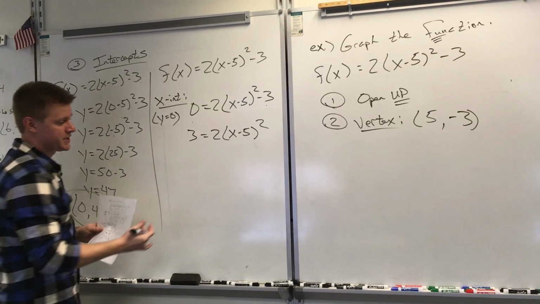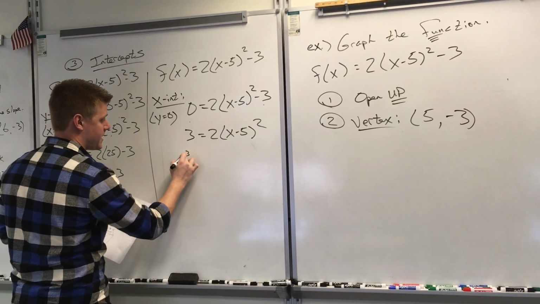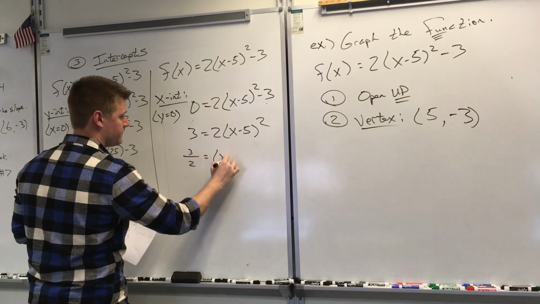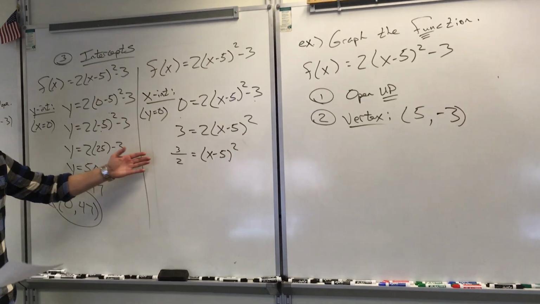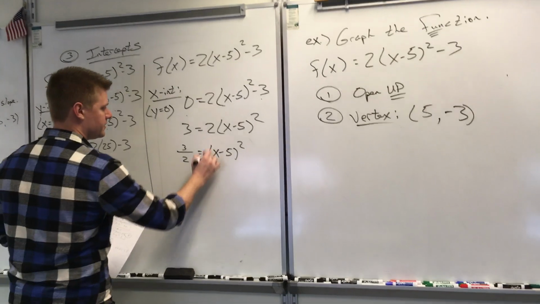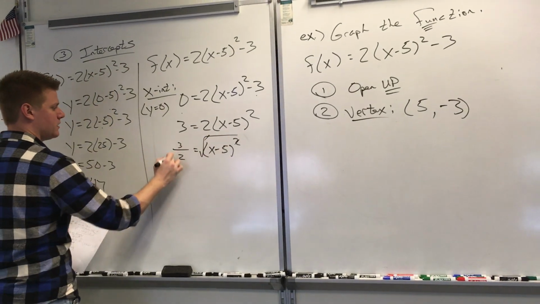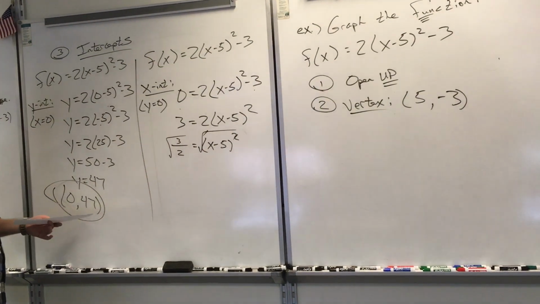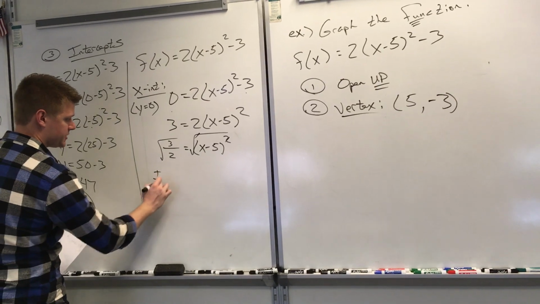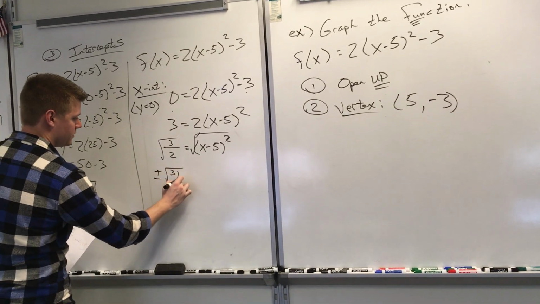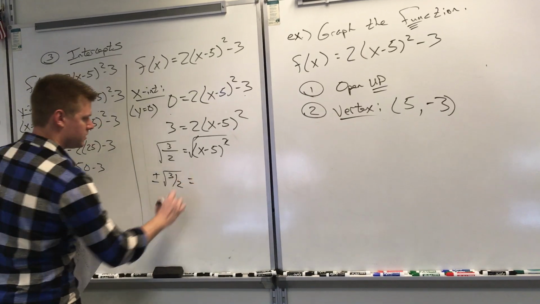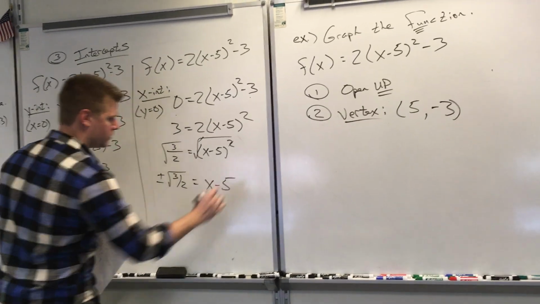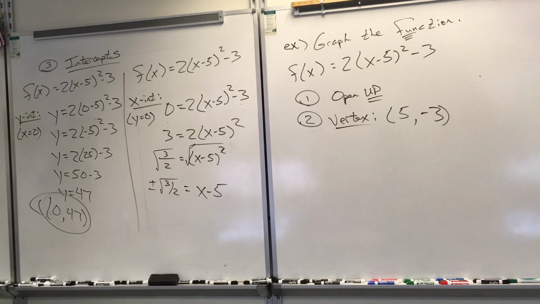So to go through those steps in that order, divide by 2 on both sides. I'm just going to leave it as 3/2 for now. And once again, we'll get approximations at the end. The square root of both sides eliminates the square. Again, I'm just going to leave this as plus or minus radical 3/2 for now, and for graphing purposes, we'll get an approximation for that later.